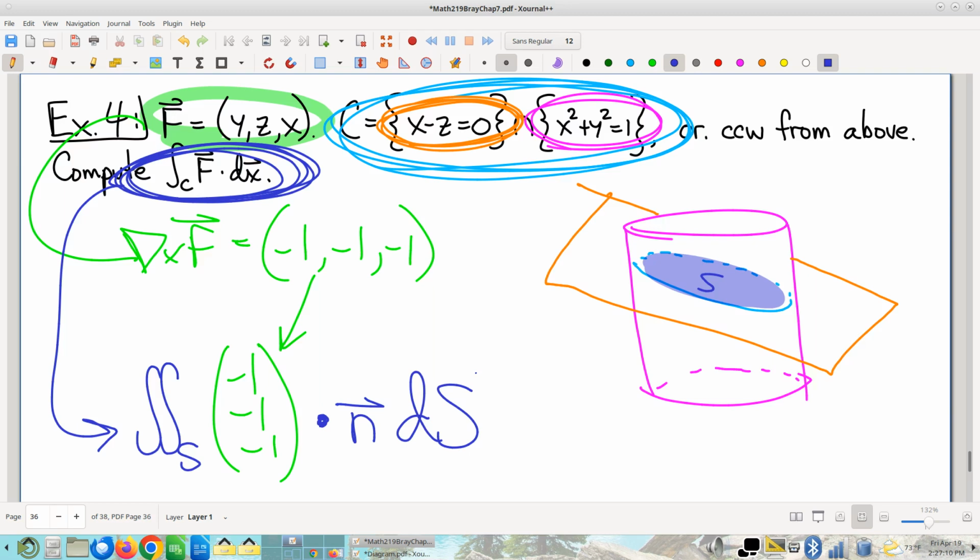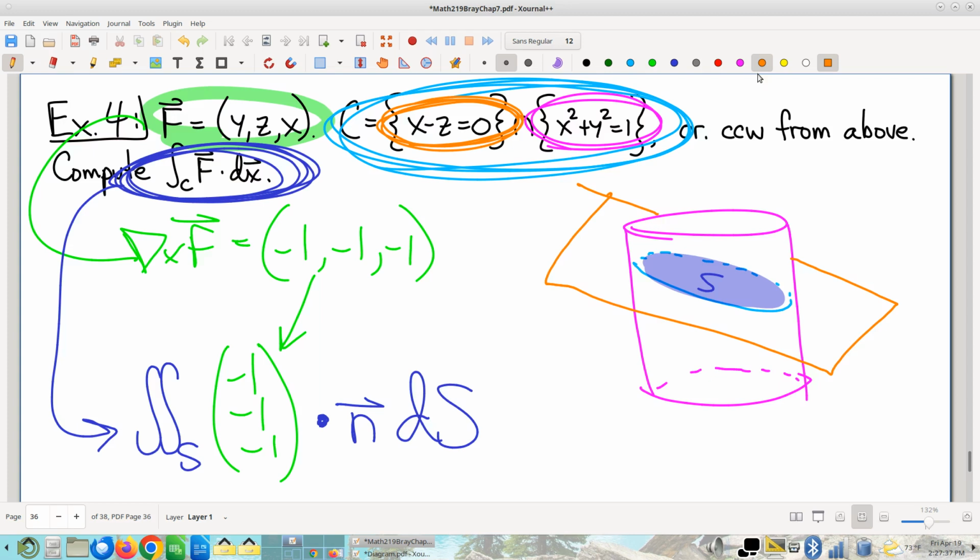And I claim that we are one clever observation away from being done with this question. No nasty cranking it out, no parameterizing. There is a beautiful little observation to make here. Let's think about our surface. It's entirely contained in this plane.